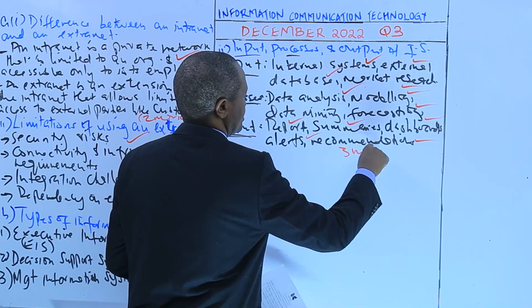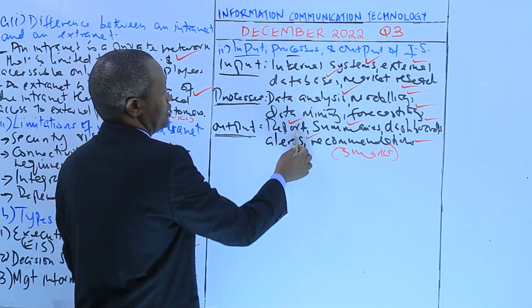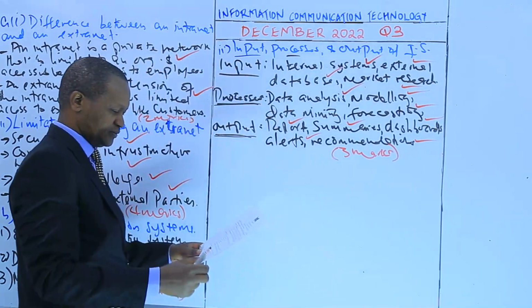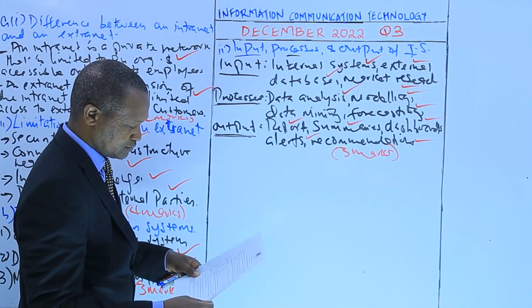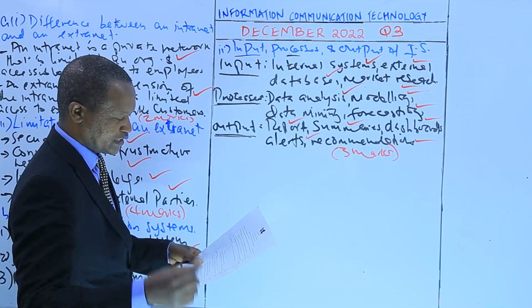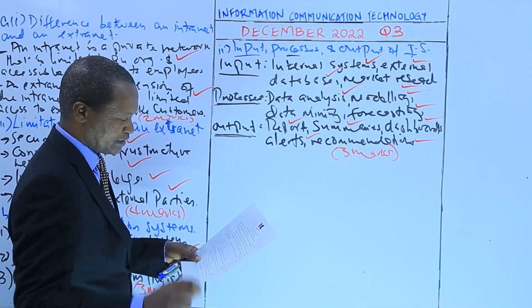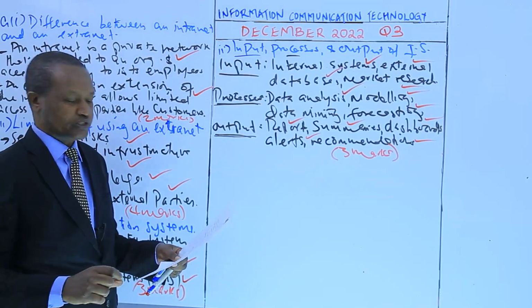Total 3 marks. So here there is 1 mark, 1 mark, 1 mark, total 3 marks. That is Roman 2. Roman 3, explain 4 enterprise information system characteristics that support unstructured decision making in organizations.